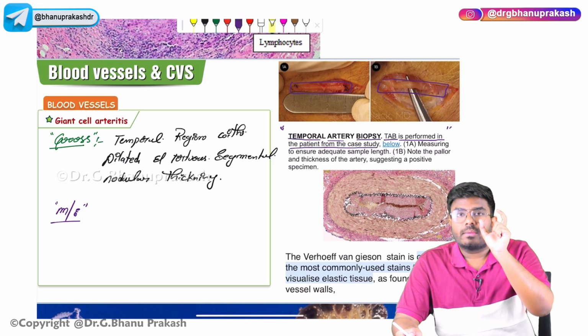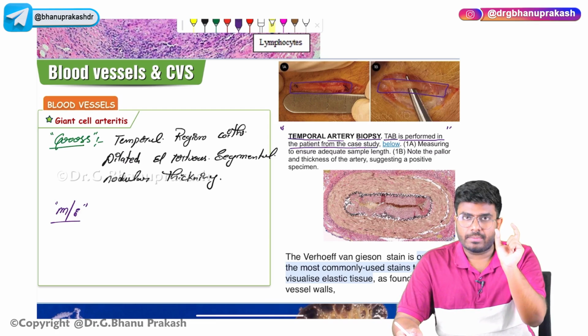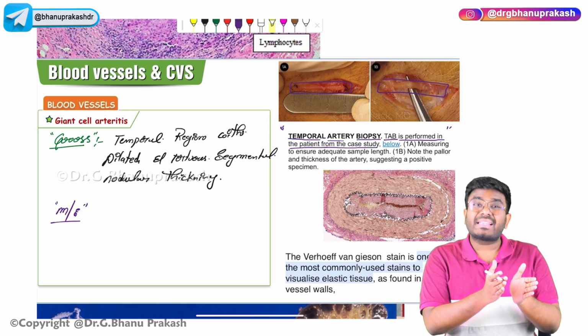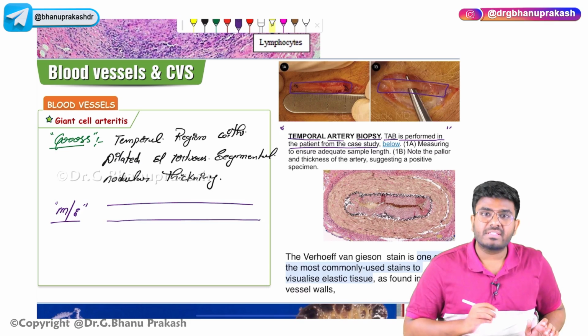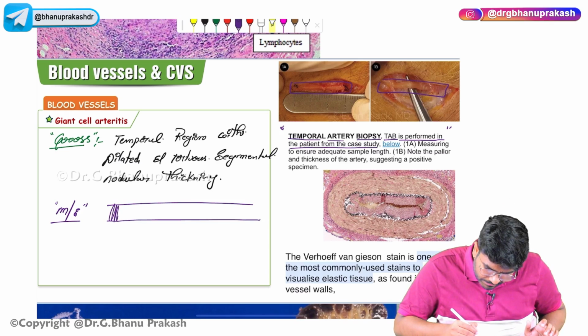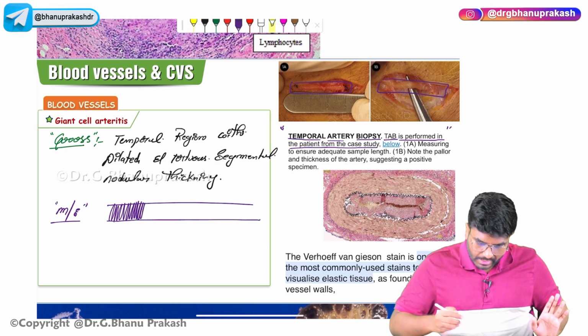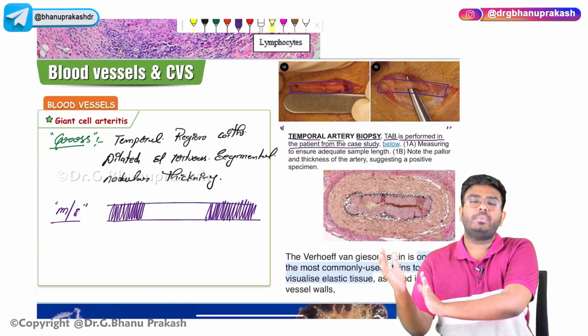Now, the important point which I want you to know is that this inflammation is not going to be continuous. It is going to be segmental, which means, for example, if this is a blood vessel, a certain part is going to be inflamed, but the other region is going to be spared, and again one more area is going to be involved in the inflammation and the other area is going to be spared.